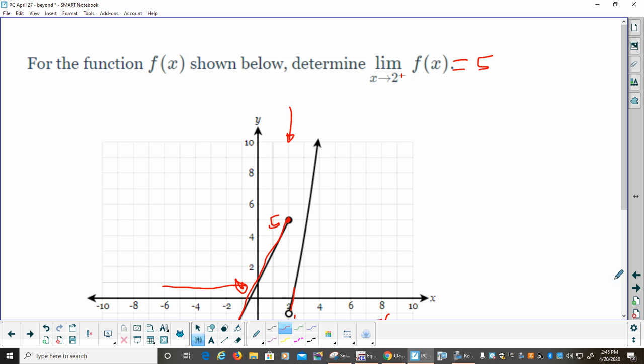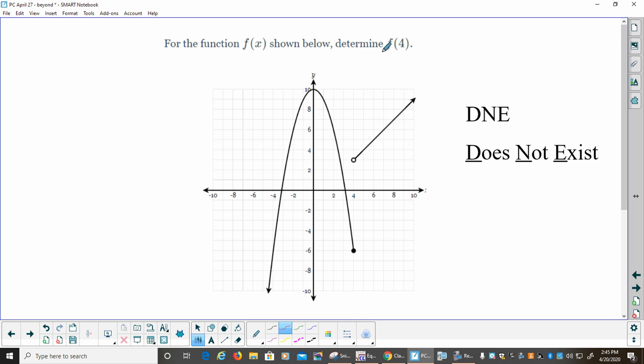Most of the questions you're going to bump into have this limit in it. And now and again, they're going to throw in this goofball question like this that just says, find the value at a specific number. It's not asking a limit. It's just asking you to evaluate the function at that number. So I don't want to say everything I told you before this isn't valid. I'm just saying that this is a different type of question because the word limit is not in it. It's just what's the value at 4?